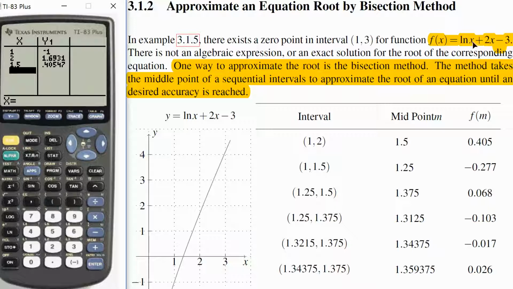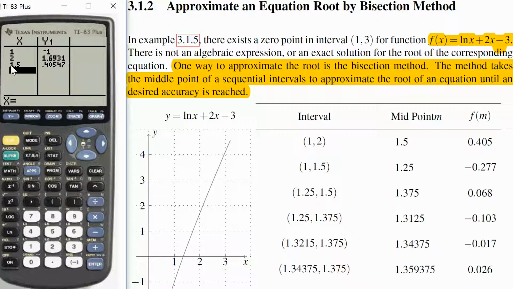If you plug in 1 here, natural log 1 is 0, 2 times 1 is 2, minus 3. Final answer is negative 1. If you plug in 2 right here, you have 1.6931.